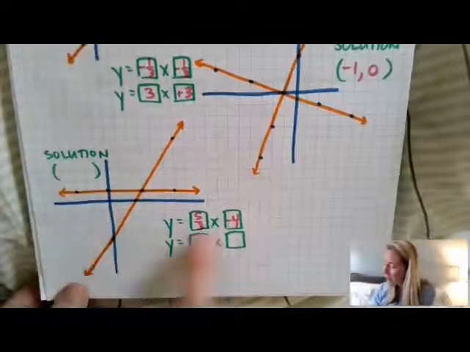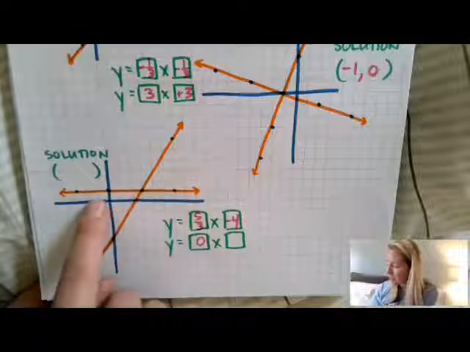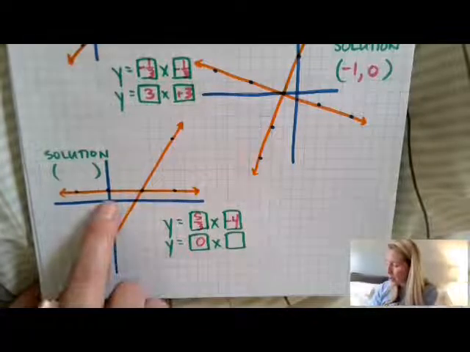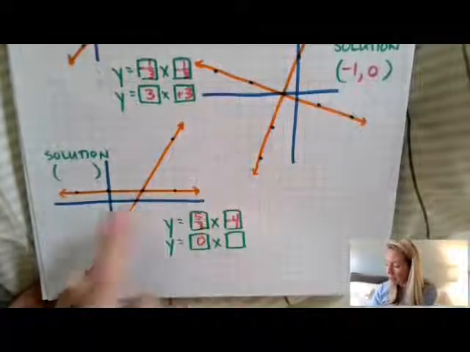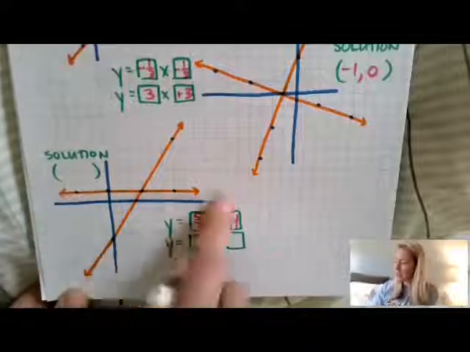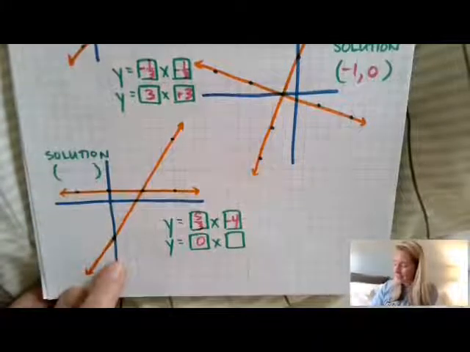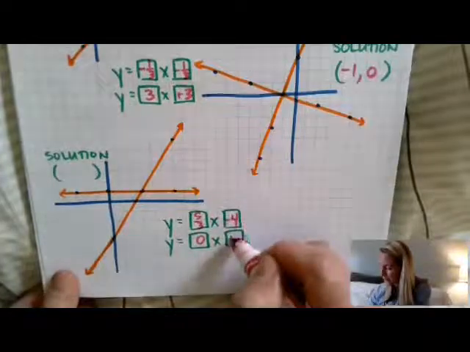But every one of these is going to be a point where we're at positive 1. So if I go over 1, I'm going up 1. If I go over 10, I'm going to go up 1. If I go to the left 4, I'm going to go up 1. Over and over, we see up 1. So on your y-axis, you're going to be at positive 1. Okay?